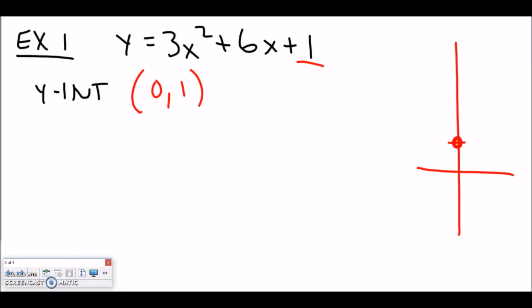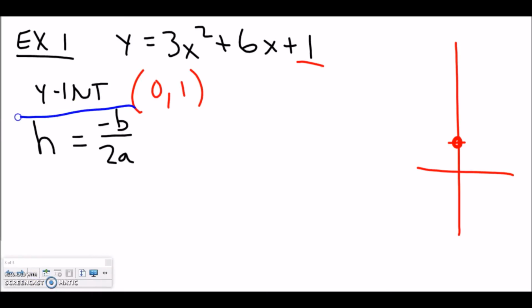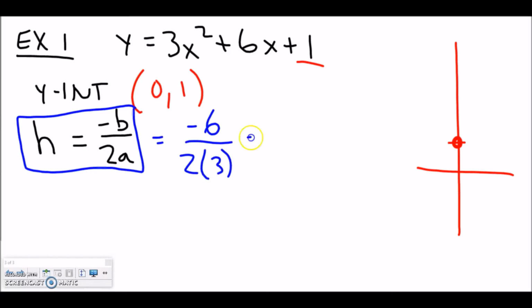Can we find the vertex? Well, I'm going to give you a formula to find the h part of the vertex. We're just going to go negative b over 2a. This is a formula you'll need to know. Let's plug in our numbers. Negative the b term, which is 6, over 2 times a, which is 3.